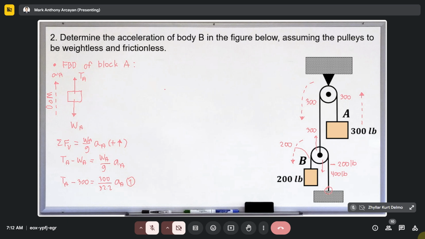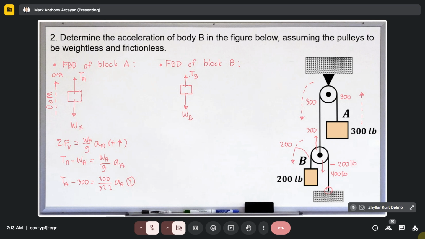Now, let's proceed to the FBD of block B. For block B, we only have two forces, no? The weight of block B and the tension.